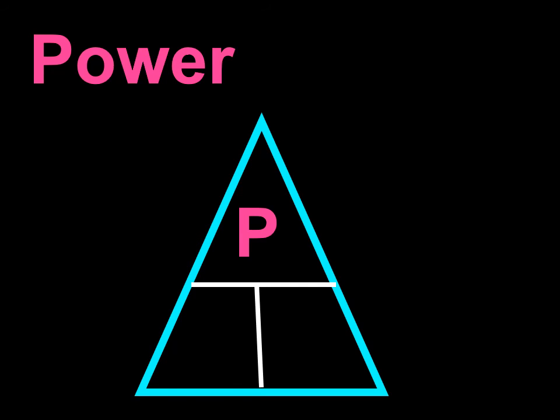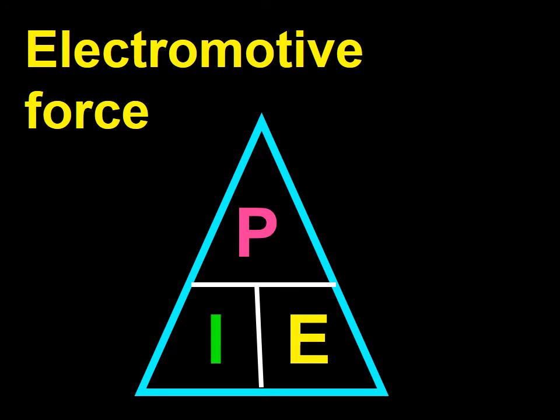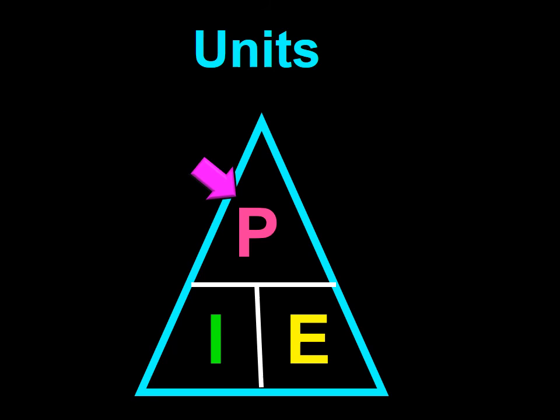P stands for power. The lower component to your left is occupied by the letter I. I stands for current. The last component is occupied by the letter E. E stands for electromotive force.